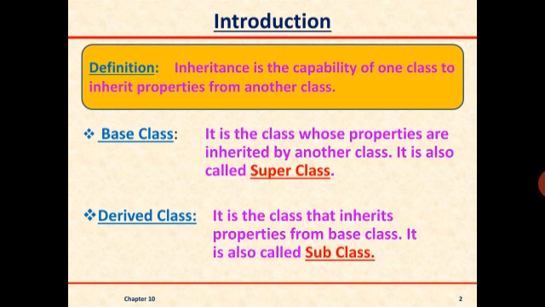It is also known as subclass. In our general example, parents are considered as a base class, and the child which inherits the properties from its parents is considered as a subclass. So I hope you have clarified with the definition of inheritance.